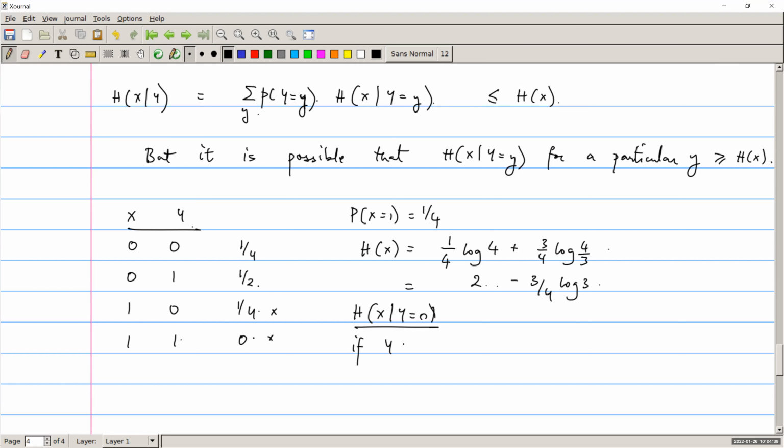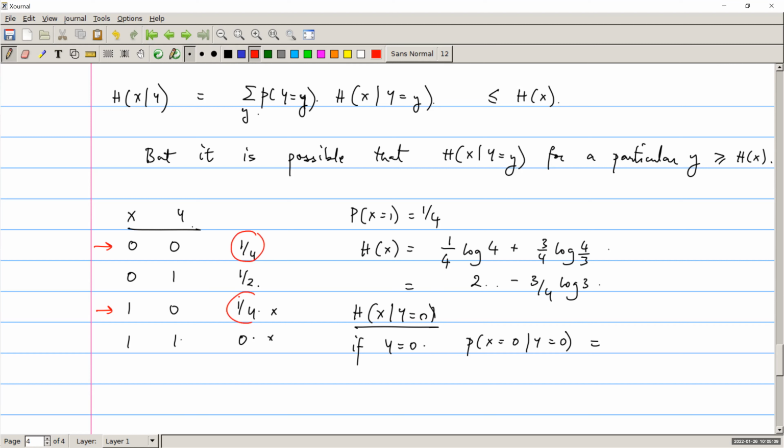So if y equals 0, what's the probability of x equals 0 given y equals 0? Right, so the event y equals 0 is these two rows.